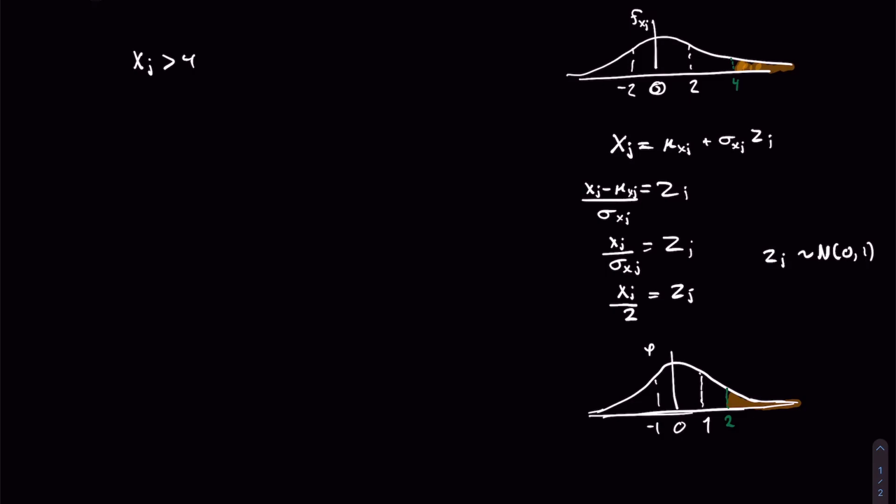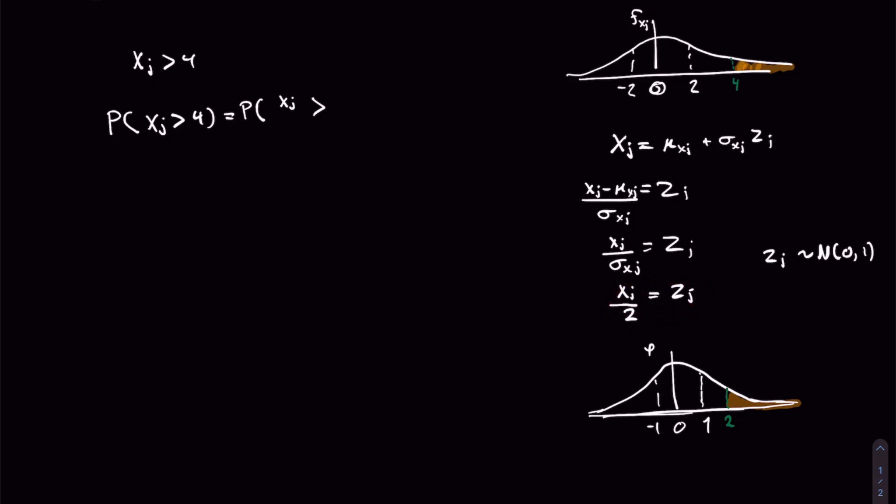And so let us now proceed by writing down the probability of this event happening. Okay, xj larger than 4. Now we're going to write this down in a format where we can have this equivalence satisfied.